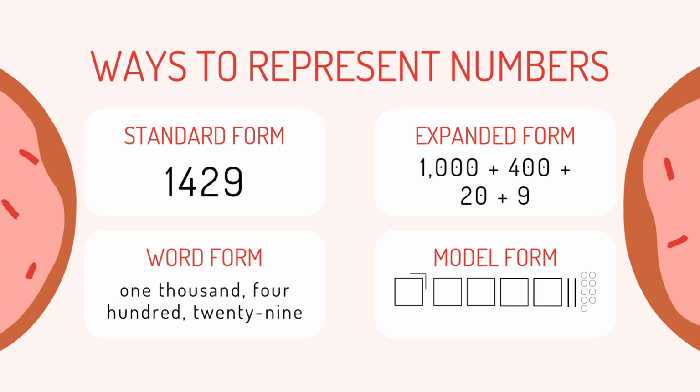Word form is how you say it: one thousand four hundred twenty-nine. And model form uses base 10 blocks to show the number visually. All these ways help us understand what the number really means.